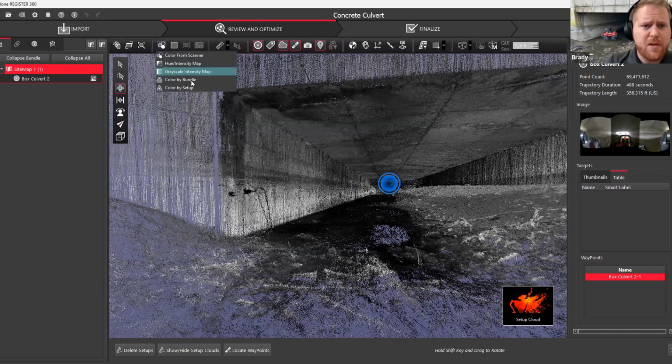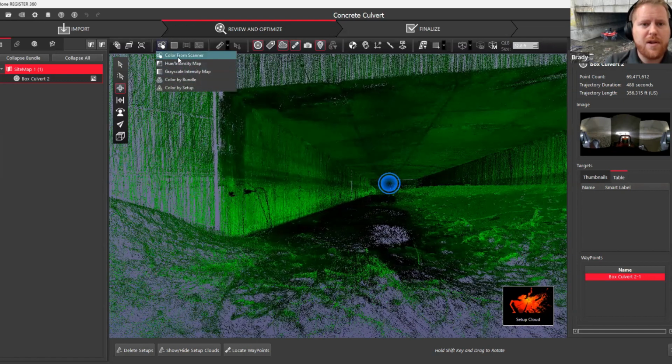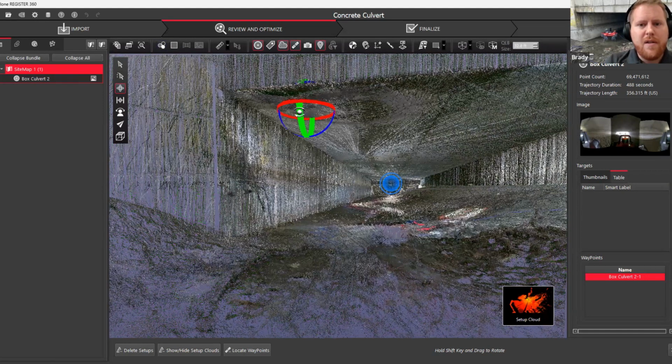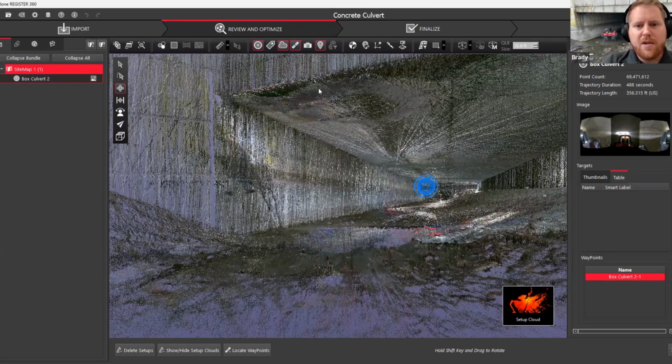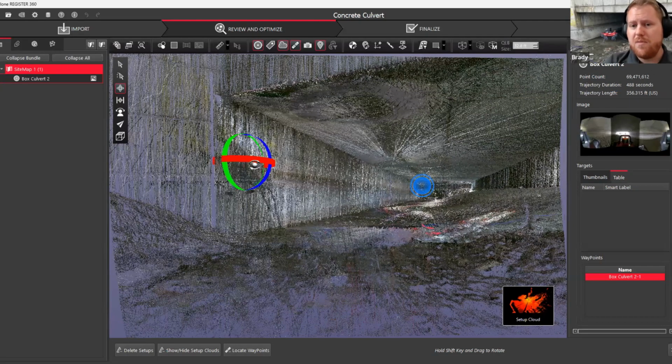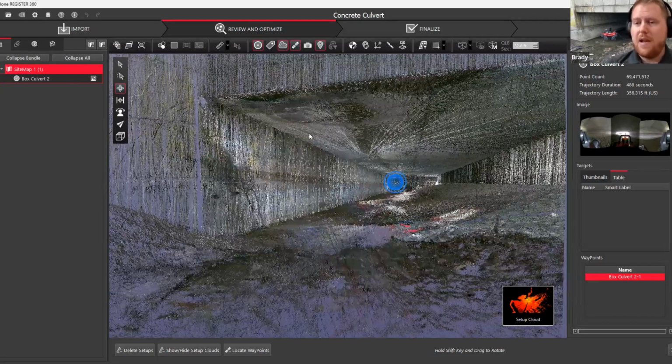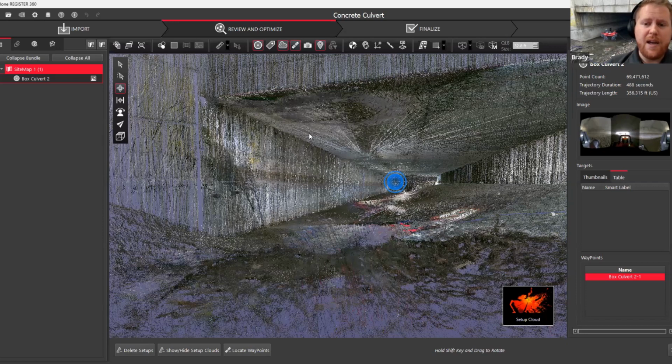So if we change back to our color for just a moment, oh, excuse me, wrong color here. We can see there is the color change. So it's just saying that this is moisture of some kind. So this would be an inspection point that we can come back to, take images of, and do an analysis on and figure out what is happening in that area.